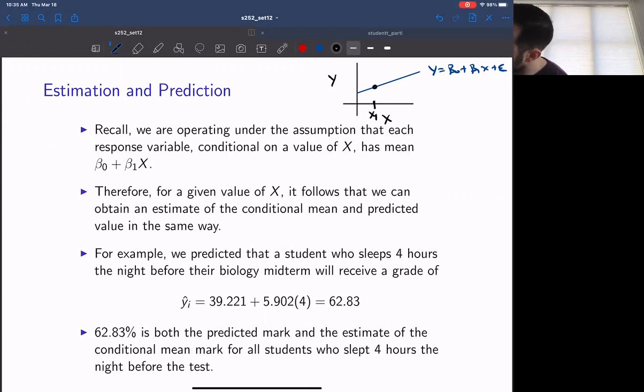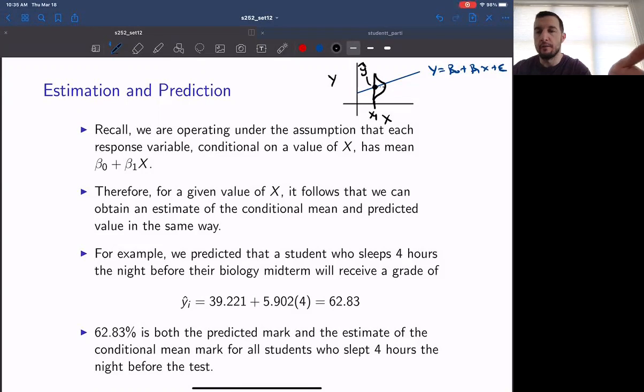You plug that in, you get a point on the line. This point is believed to be the mean of a normal distribution. This is the y hat, and we can interpret y hat as an individual value. So this is the score that I will get when x1 is equal to 6.